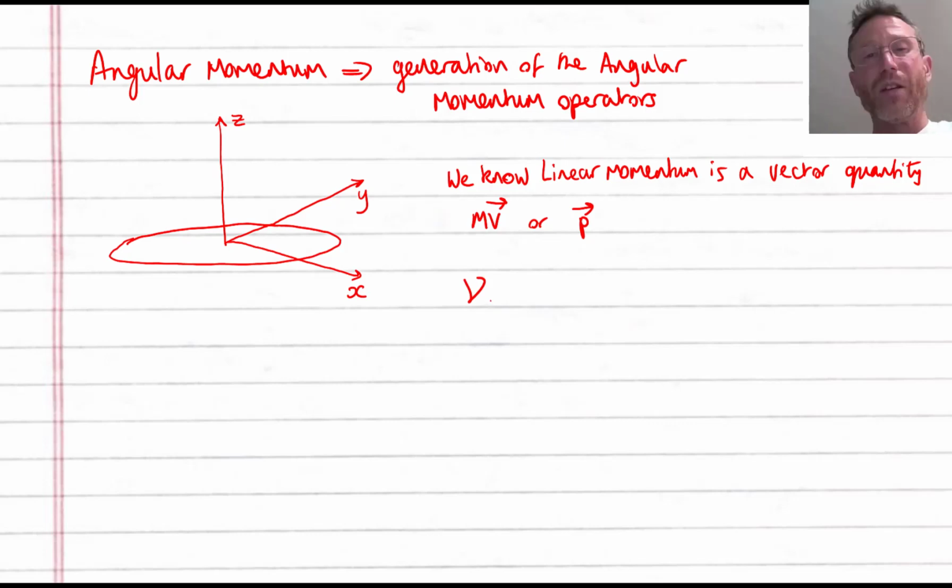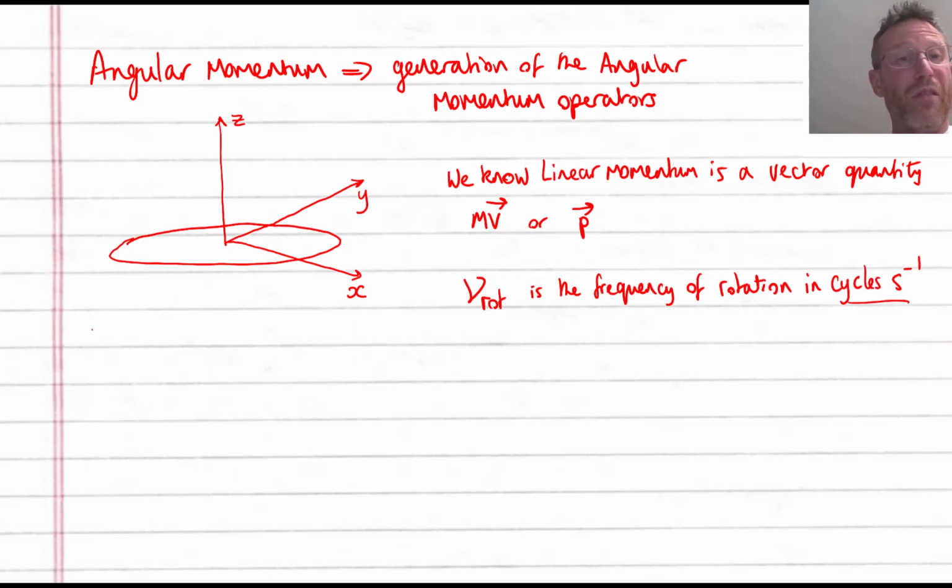We're going to use the Greek letter nu to denote the frequency of rotation, and that's in cycles per second. What else? Well, we also know, of course, that speed or velocity is distance per second.